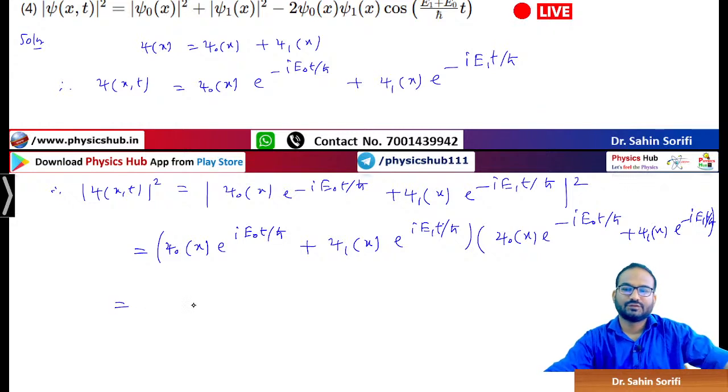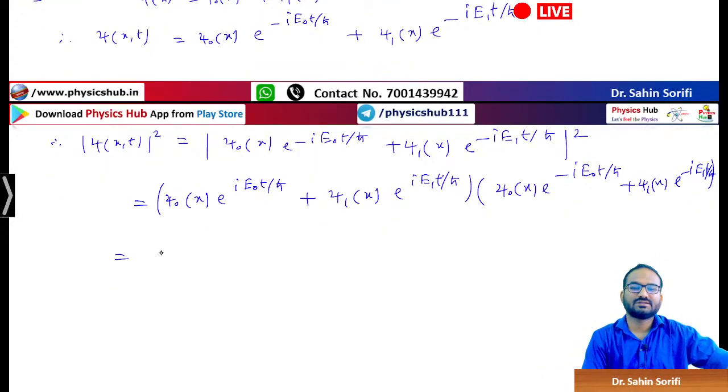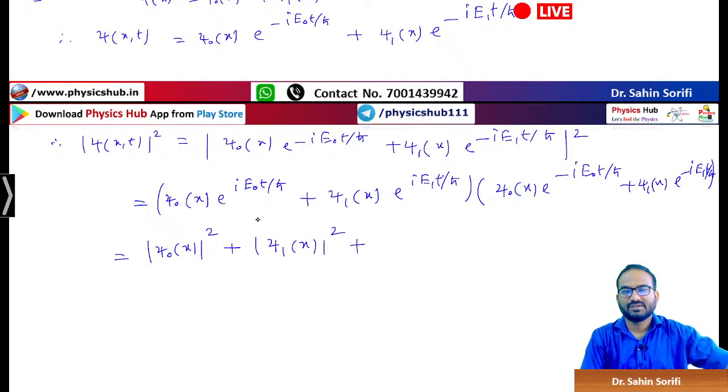So psi 0 and psi 0 star, mod psi 0 of x square, psi 1 of x, the exponential parts becoming 1, so mod psi 1 square, plus, you see psi 0 psi 1 e to the power this and e to the power this, psi 1 psi 0 and same thing, so you can write 2 times psi 0 of x psi 1 of x cos of (E1 minus E0) by h cut into t.